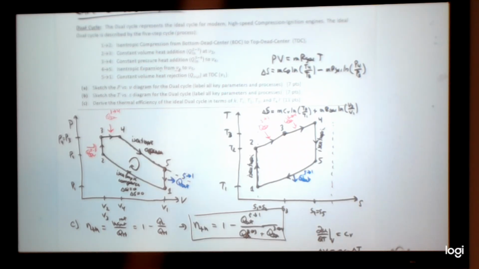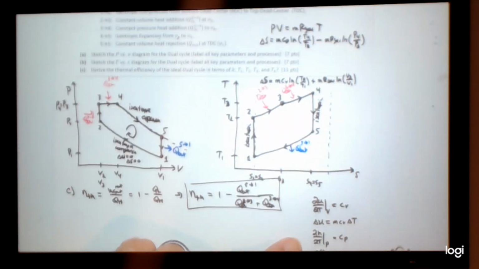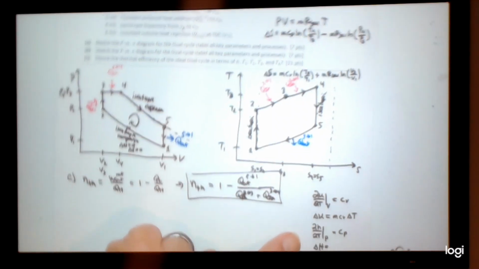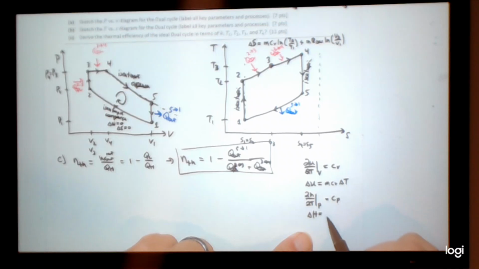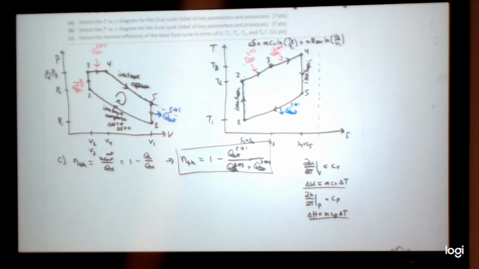So you can get delta H equals m CP delta T. And in these cases, delta H and delta U are related to the heat, but I don't want to go right there. I want to do an energy balance so you can see a better connection between these two.